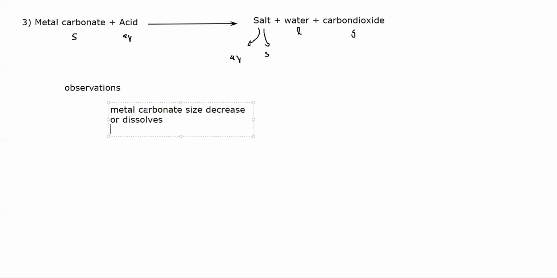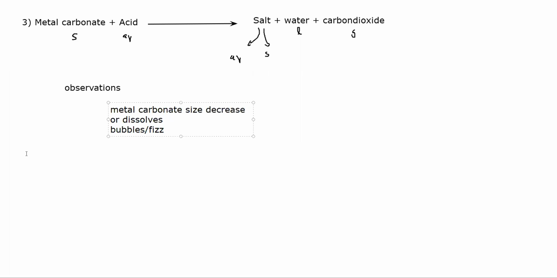And the second is you will observe bubbles or fizz. When there is a rapid formation of bubbles, you can use the term fizz, or you can also say effervescence. So when we add metal carbonate to acid, we observe that bubbles are coming out and the solid size is decreasing.